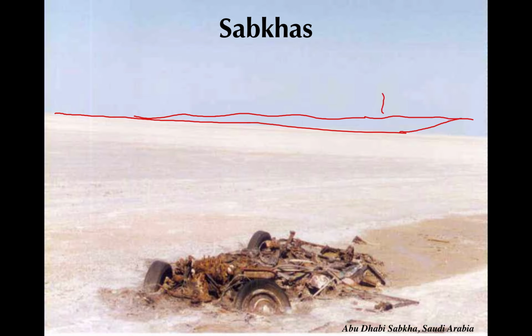And then you evaporate all the water, and you concentrate a brine here. When you concentrate that brine, you'll start to precipitate minerals out of it, like calcite and gypsum.